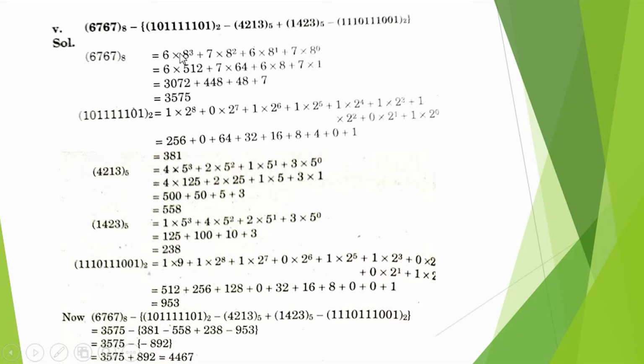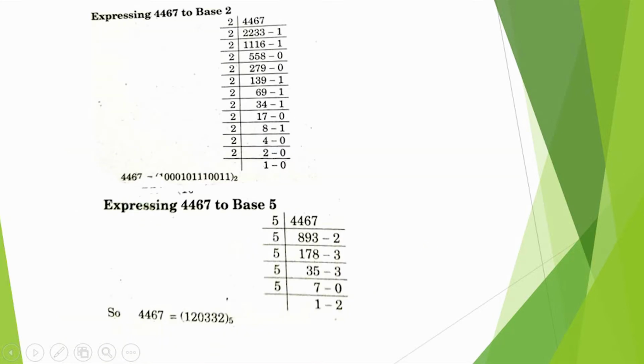Now in the place of 6767 we write 3575. In the place of this binary number 381 minus 558 plus 238. When we add these values and subtract these values, 892 comes.